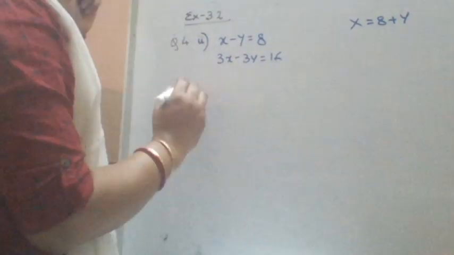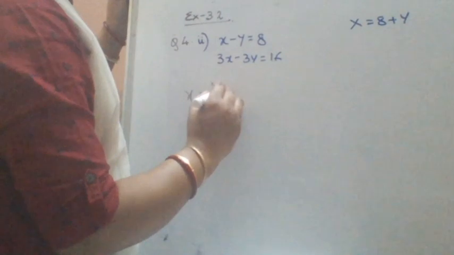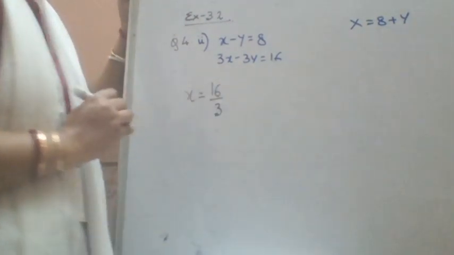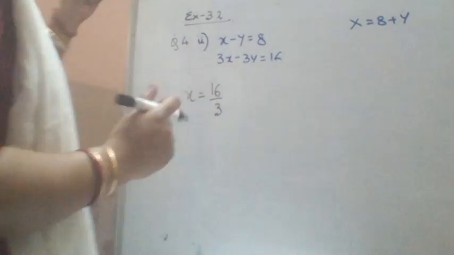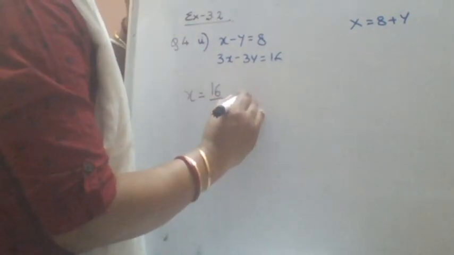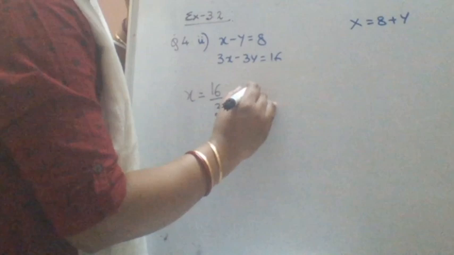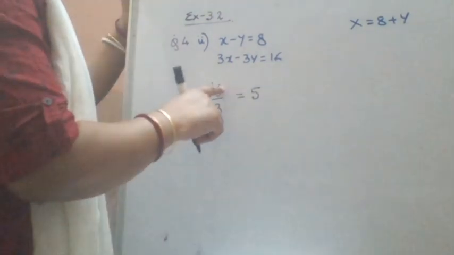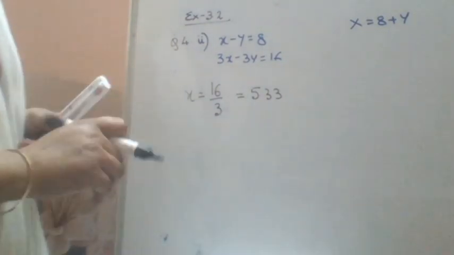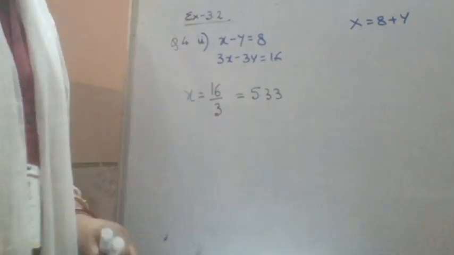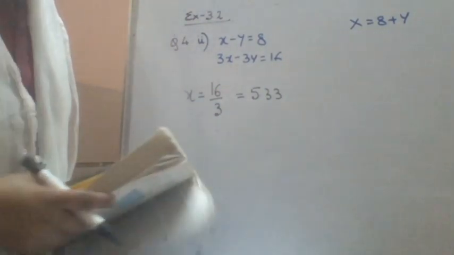You get x is equal to 16 upon 3. Now the denominator is 3. See what type of point you get: 3, 5, 15, 1.3. So you are going to get a point which is a non-terminating and repeating decimal.